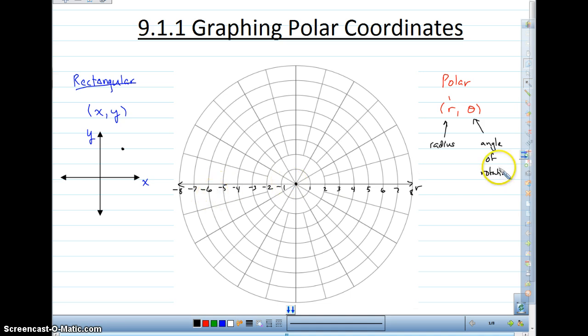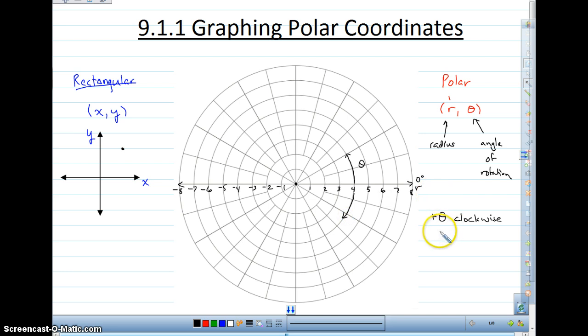Now our angle of rotation. If we have a positive angle of rotation, we would start here and move clockwise, or sorry, counterclockwise. A negative theta goes in the other direction.